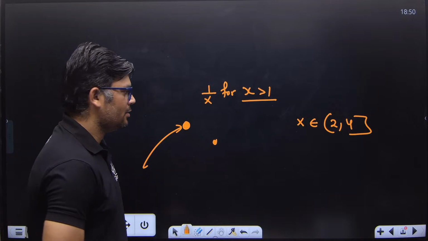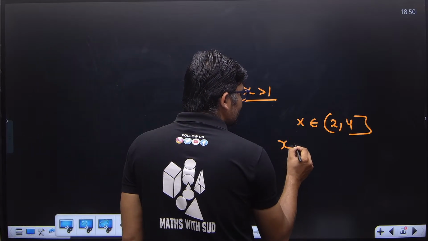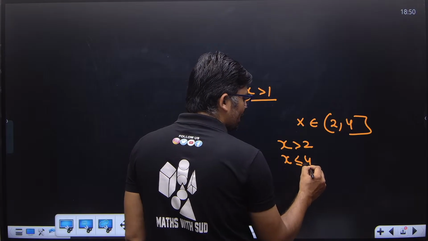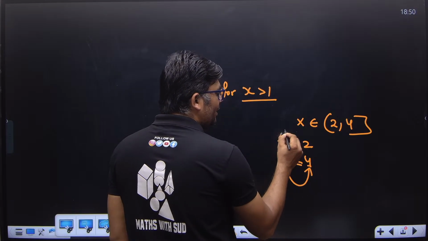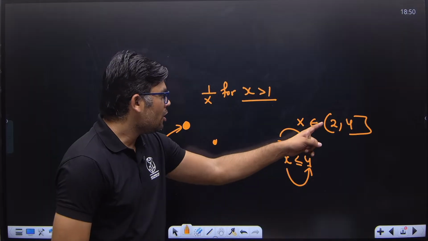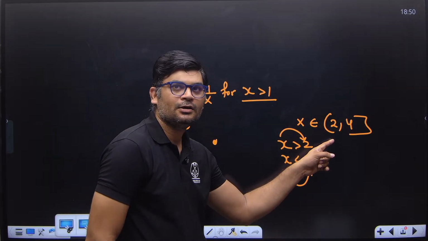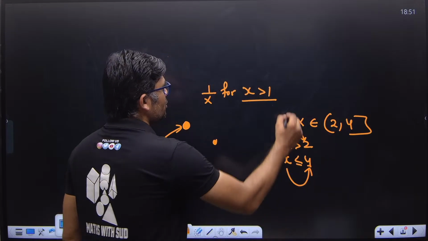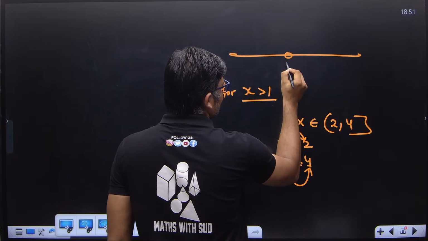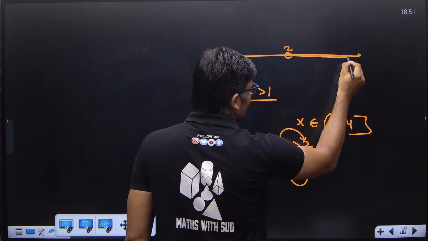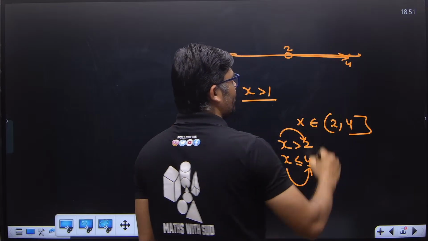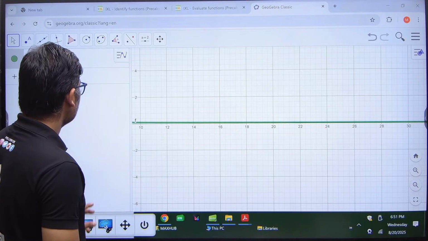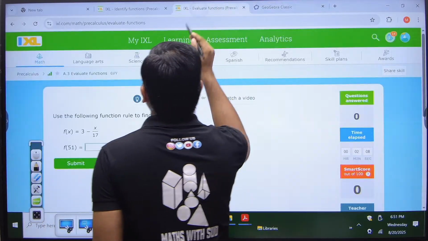What does it mean? That x is greater than 2, but x is less than or equal to 4. X can take the value 4, but it will not take the value 2, because when I use this bracket, it is not going to take this value. So the graph of this will be like this. At 2 it will be like this, and it will go like this. Are you getting it?